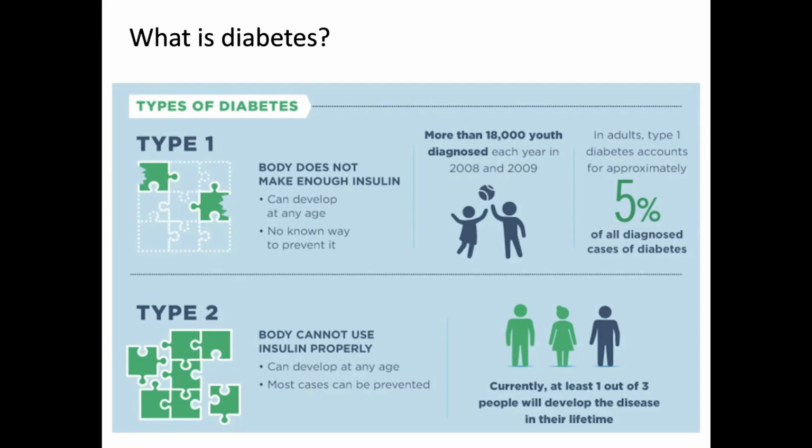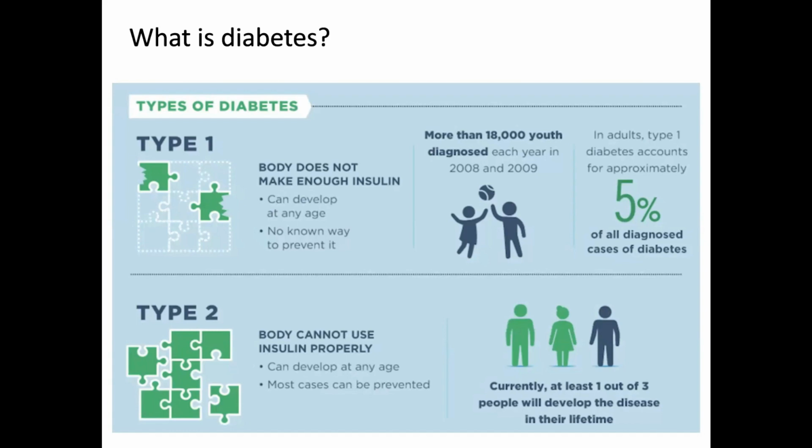In type 2 diabetes, your body might make insulin, but the cells could be immune to it or resistant to it or just not recognize it. So you make insulin, but your body doesn't use it properly. And this is the one that can develop pretty much anytime, especially as you get older or if you're pregnant. There's gestational diabetes. And most of these cases can be prevented with diet and exercise and maintaining correct blood sugar.